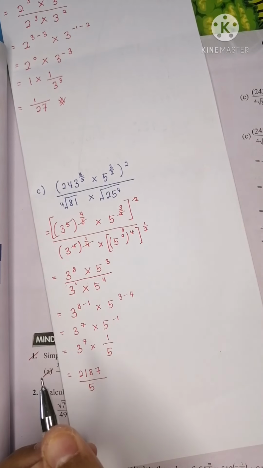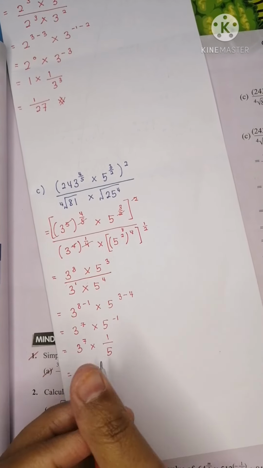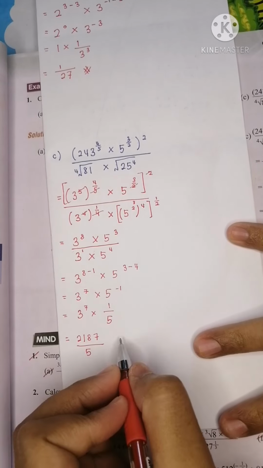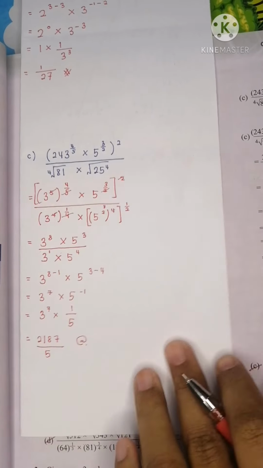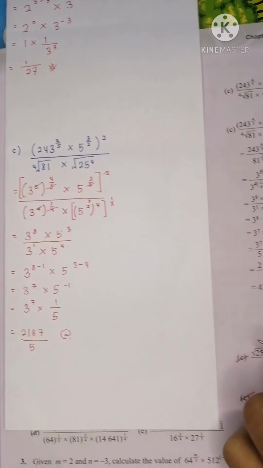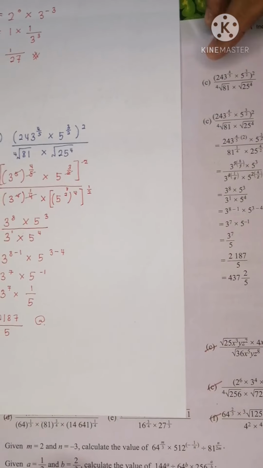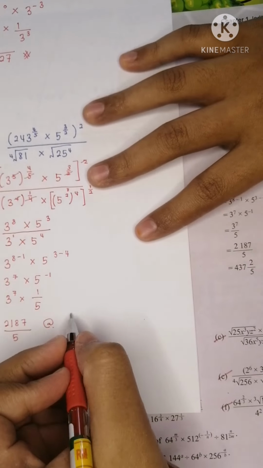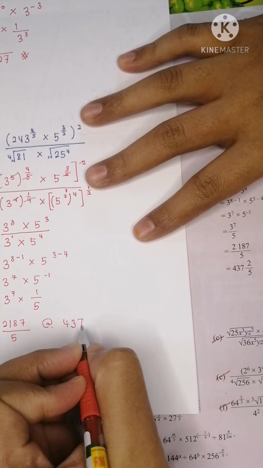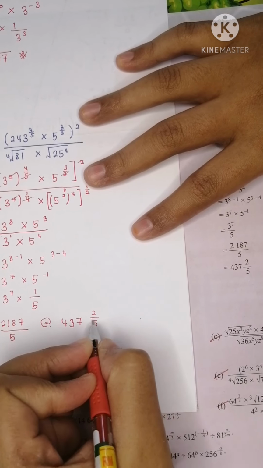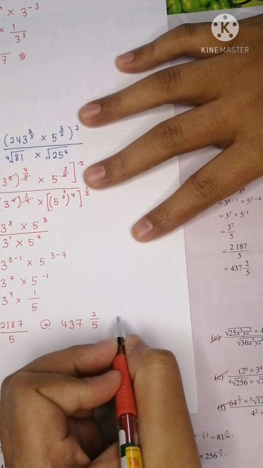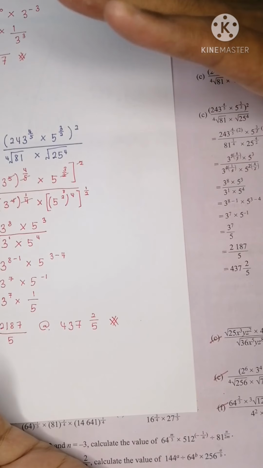So that's it. This is the answer. Or you can make it into a fraction, which is 437 2 over 5, in mixed fraction form.